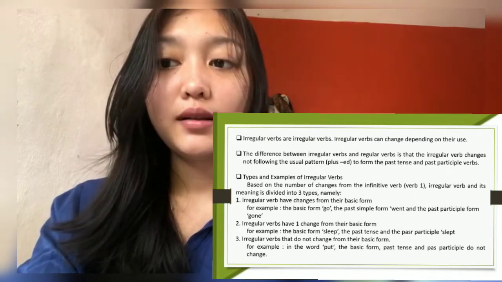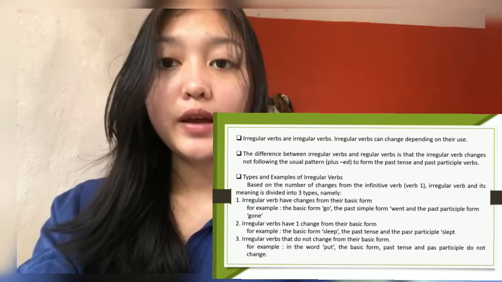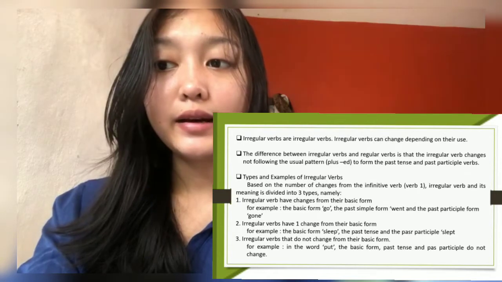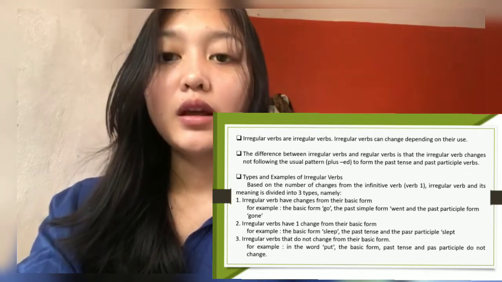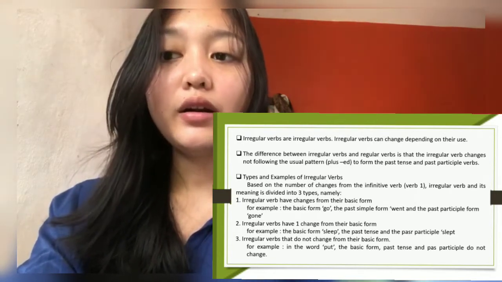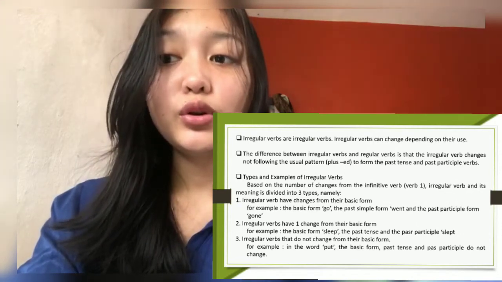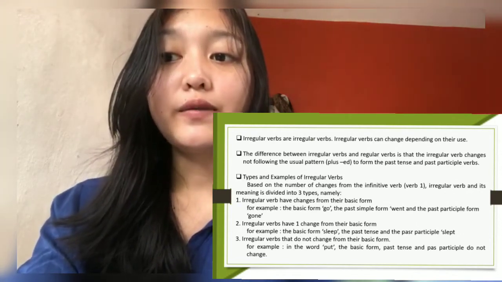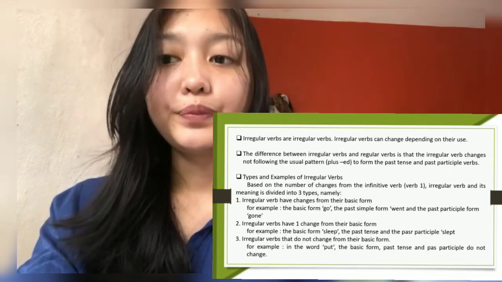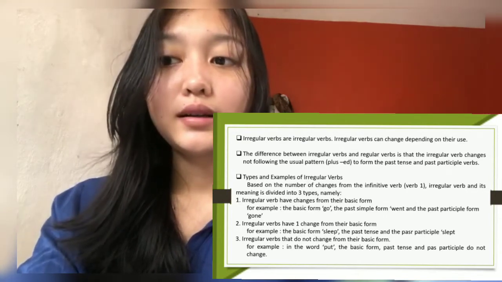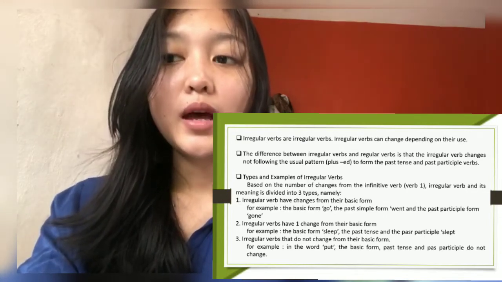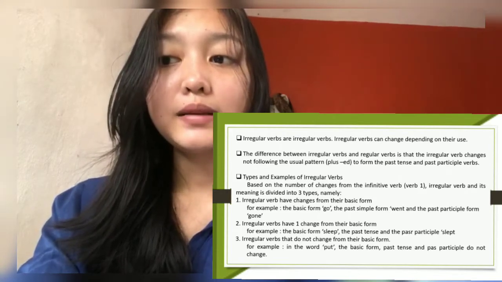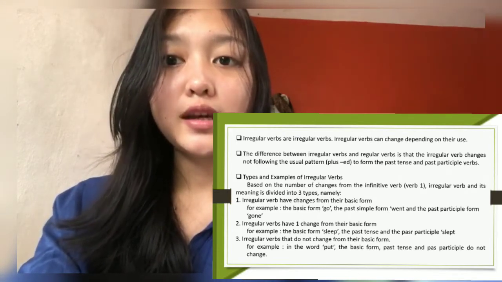For example, the basic form sleep, the past tense and past participle slept. Number 3, irregular verbs that do not change from their basic form. For example, the word put: the basic form, past tense, and past participle do not change.